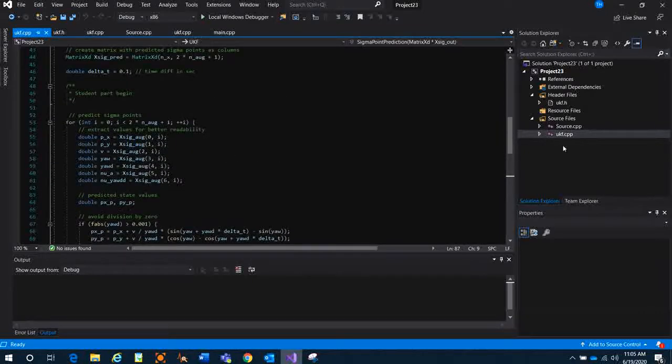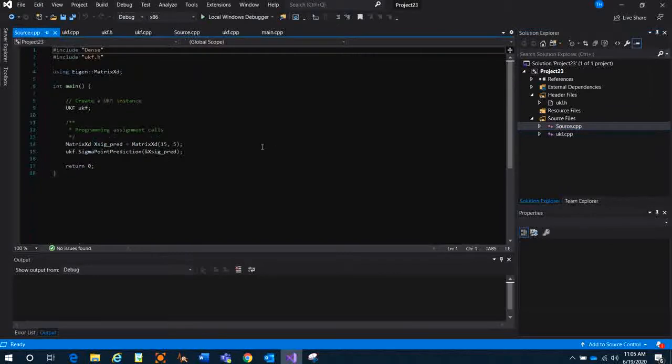So let's see how they print out first. In the main, we just call the sigma point function right here.